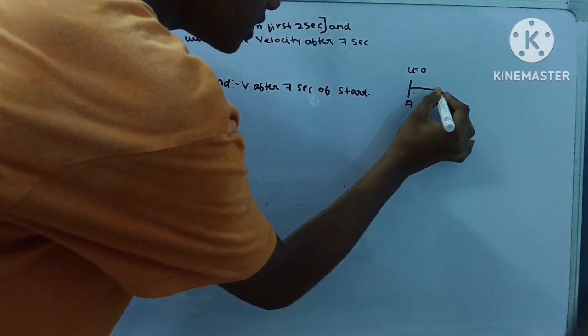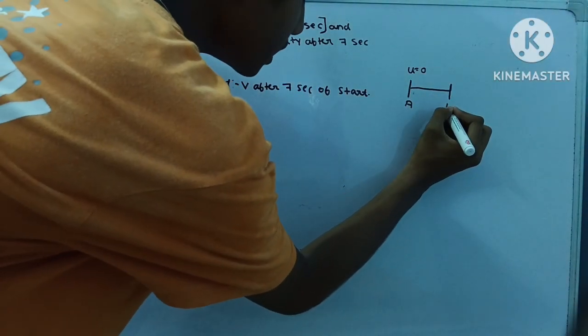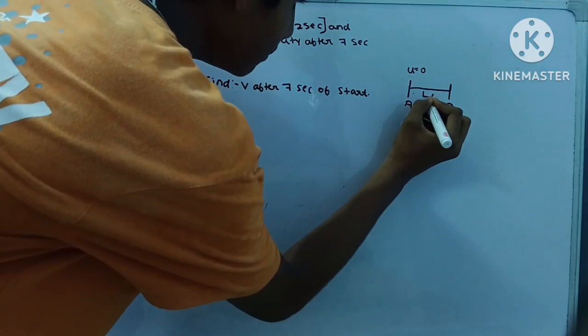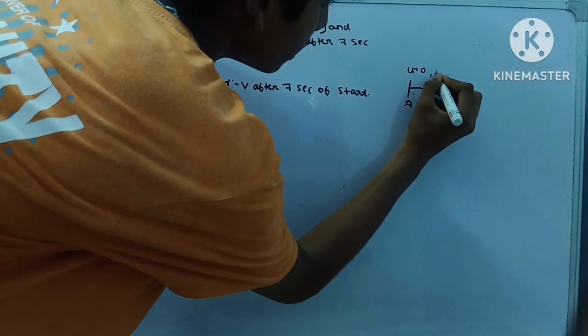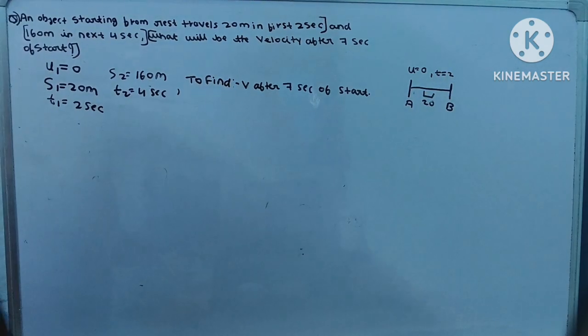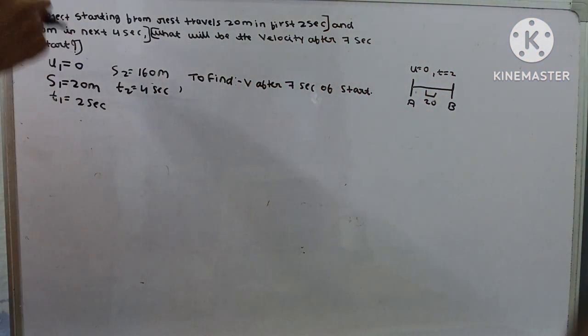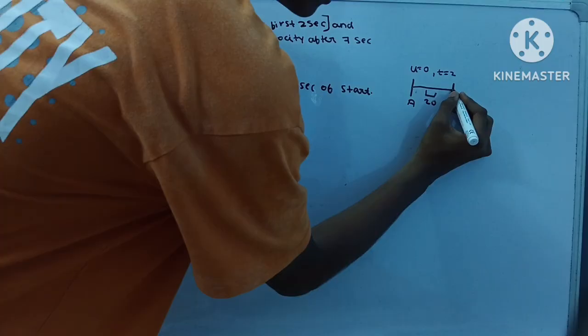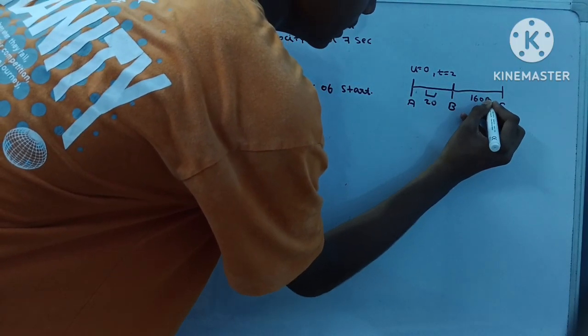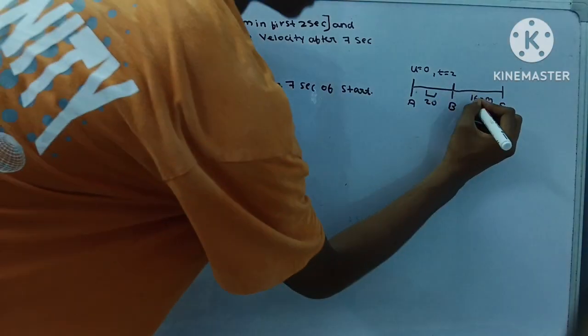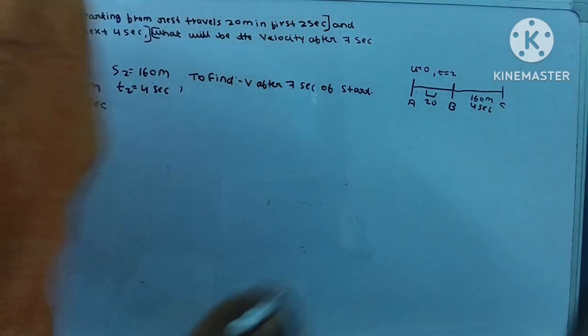For example, the distance covered A to B is 20 meters, and the time taken is 2 seconds. Then further B to C covers 160 meter in the next 4 seconds, right?